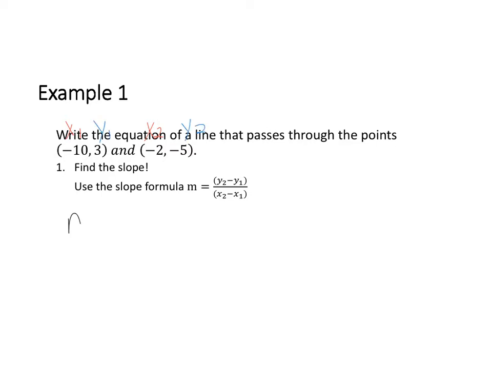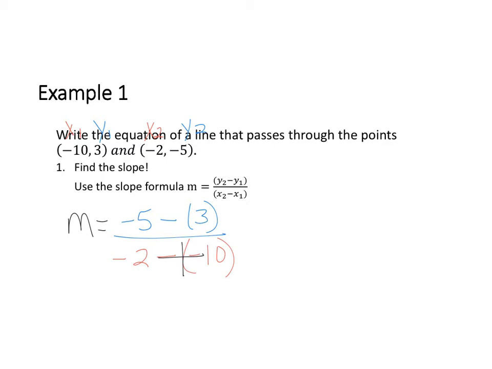So to find my slope, I just plug everything into my slope formula, and I'm going to take my y2 and subtract from it my y1, and I'm going to take my x2, which is negative 2, and subtract from it my x1, which is negative 10. And remember, negative times negative makes it a plus.